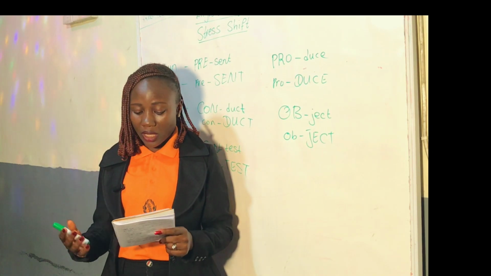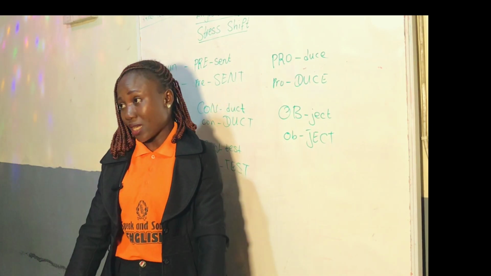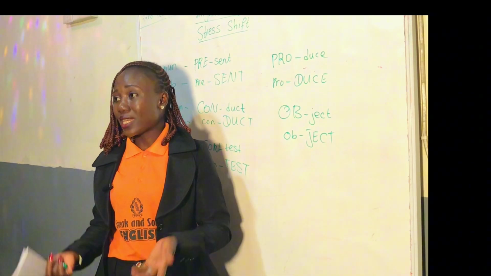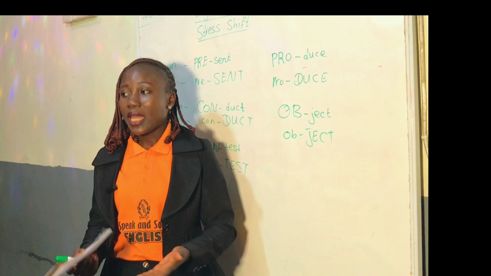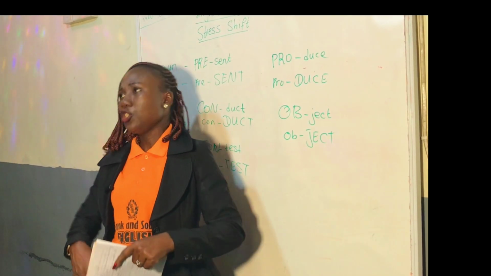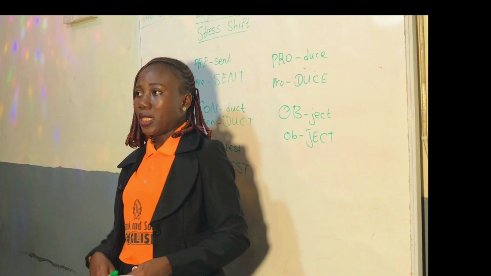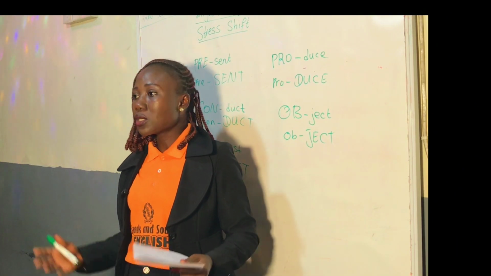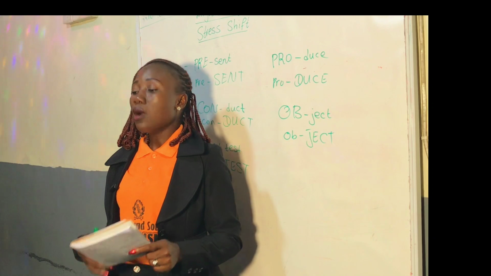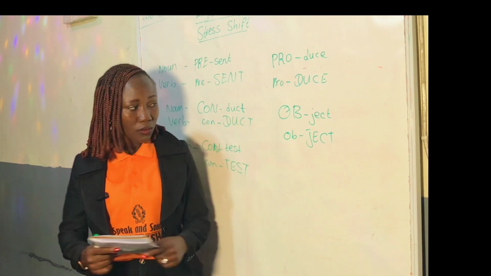An object is a thing that has physical existence but is not living. Something that has physical existence but is not living is an object. Now, what about object? When you object to something, you're saying no to that thing. You're saying, I don't agree with you. No to that thing you're saying. So that is like disagreeing with someone or something.